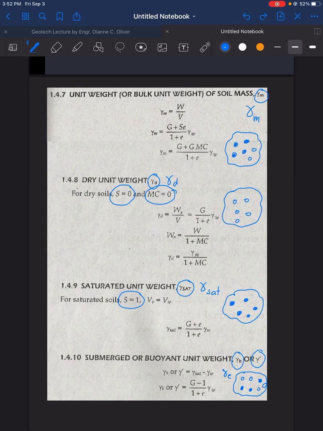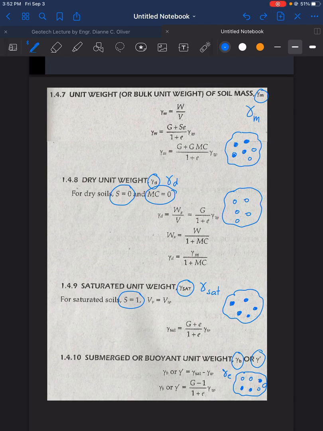The reason why this gamma B or gamma prime is called the effective unit weight is that the ratio of the volume of solids, the volume of air, and the volume of water is good and provides structural stability for the structures standing on that soil.